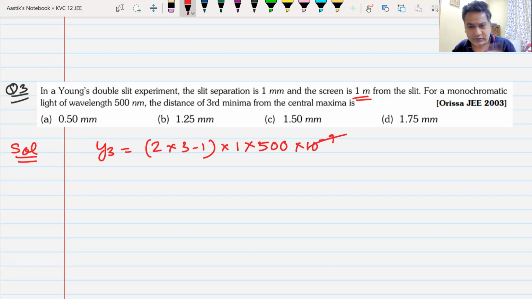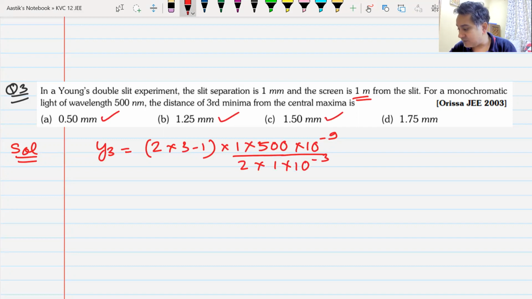You have to do 10 raised to the power minus 9, but since all the answers are in millimeters, you can leave it, because it is not going to make much of a difference. Divided by 2 into 1 mm. You just have to calculate this. Remember, when all the units are the same, again, one more tip.